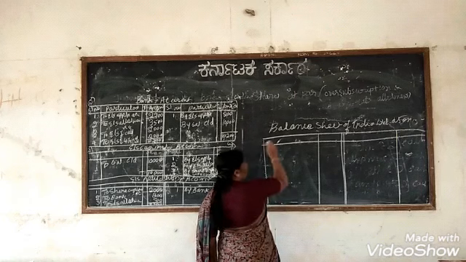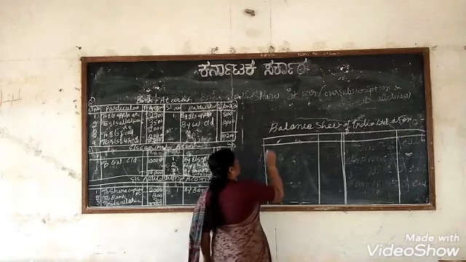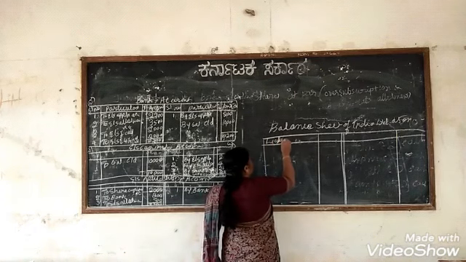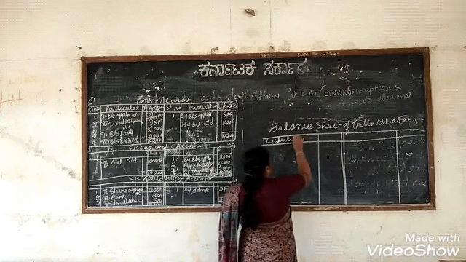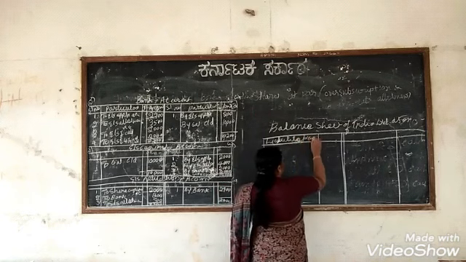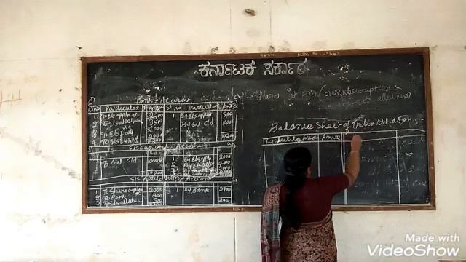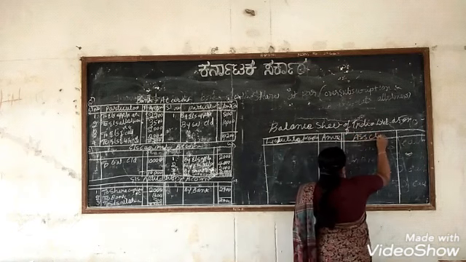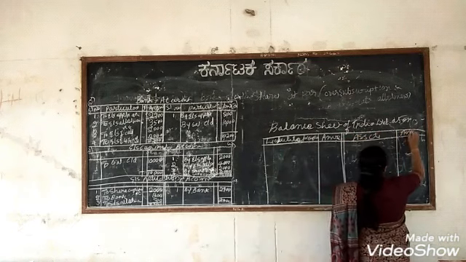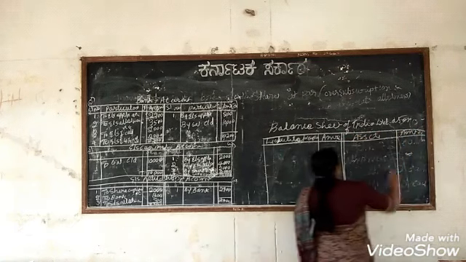Here don't write particulars. Here write liabilities and capital, amount in rupees, and assets, amount also in rupees.